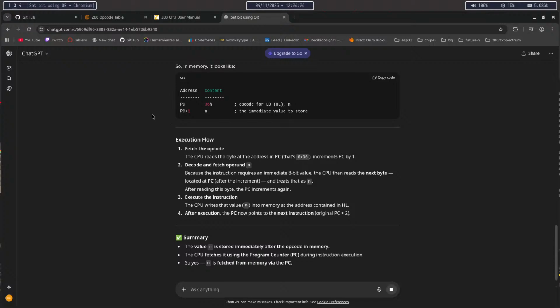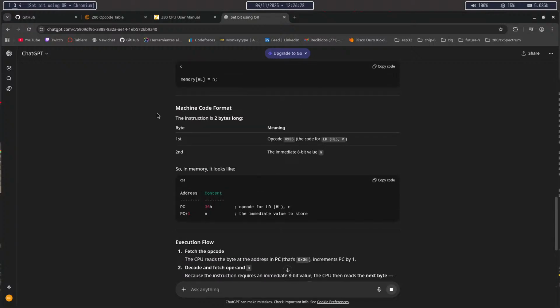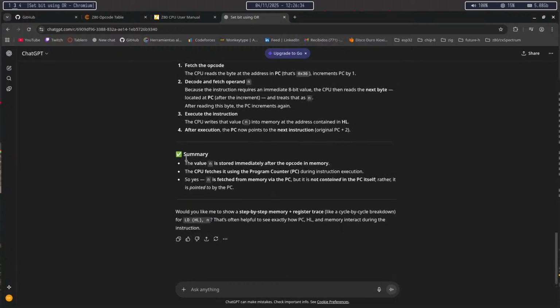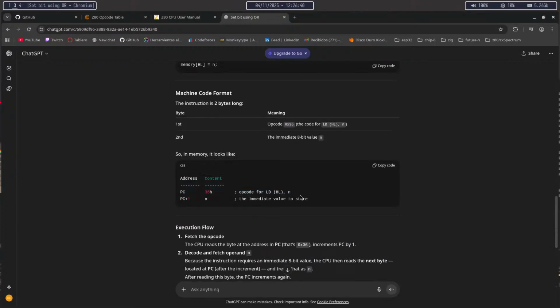But then I would just have to fetch the PC itself. That's what I have to do. The immediate value starts immediately after the opcode in memory. The CPU fetches the user program during the instruction execution. The immediate value to store. So should it? I guess so.